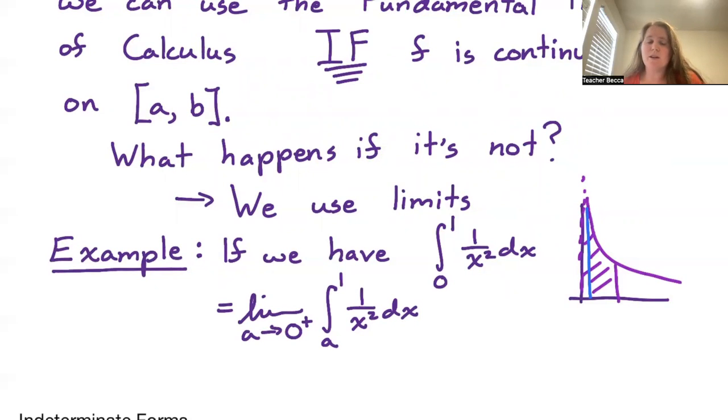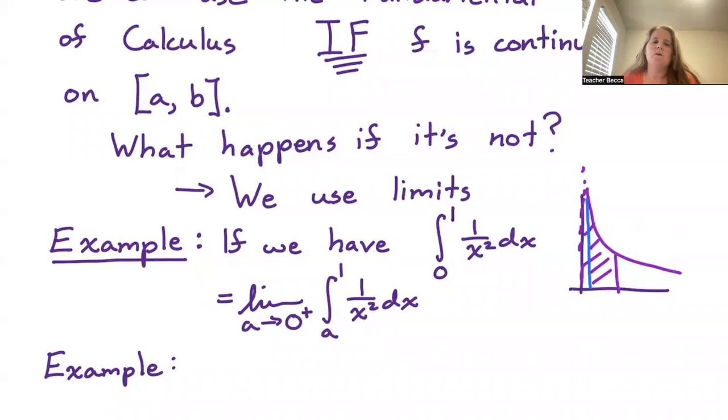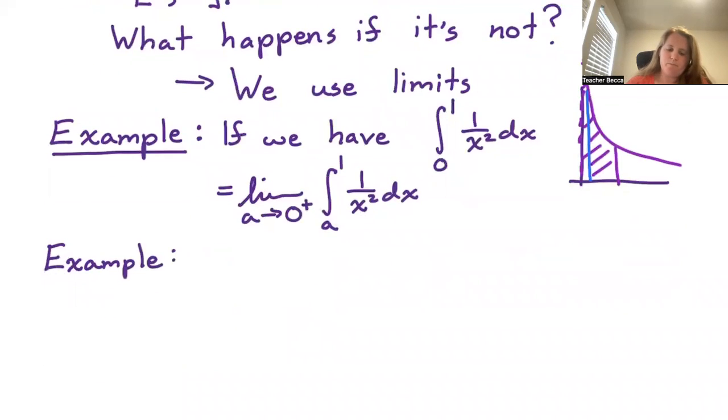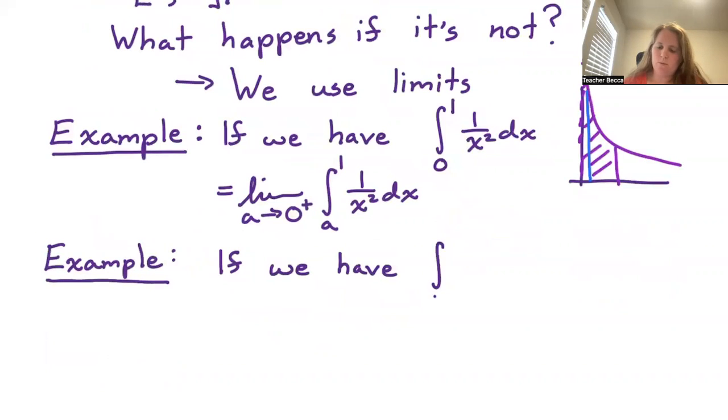Another possible version of these is if we have infinite bounds, which we have not yet seen with the fundamental theorem of calculus. So for another example, let's go definite integral from 1 to infinity of e to the negative x dx. Okay.